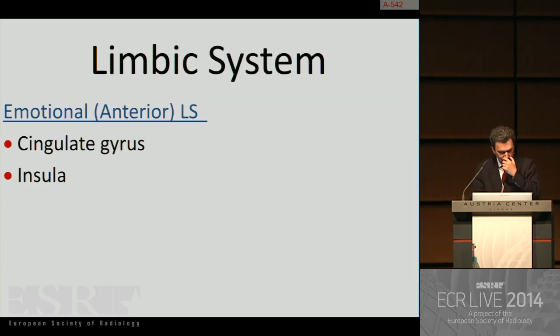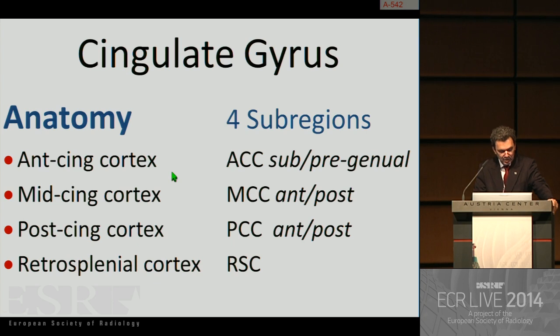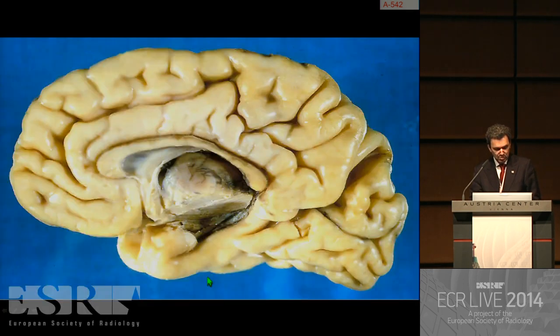So let's go back. The limbic system. Let's talk a little bit on the emotional and the anterior limbic system, the cingulate gyrus and the insula. So the cingulate gyrus can be subdivided into 4 subregions from a cytoarchitectonic point of view: anterior, mid, posterior, and a small part, which is the retrosplenial cortex. Obviously, you know the cingulate goes around here.